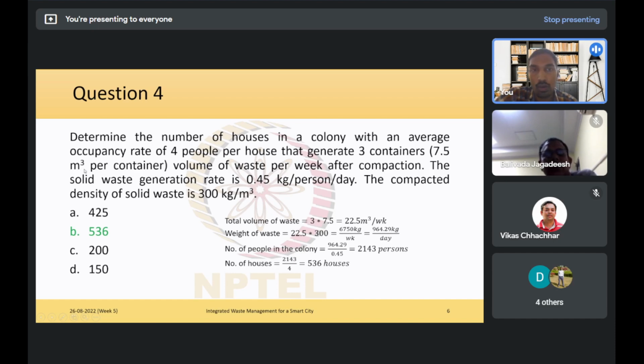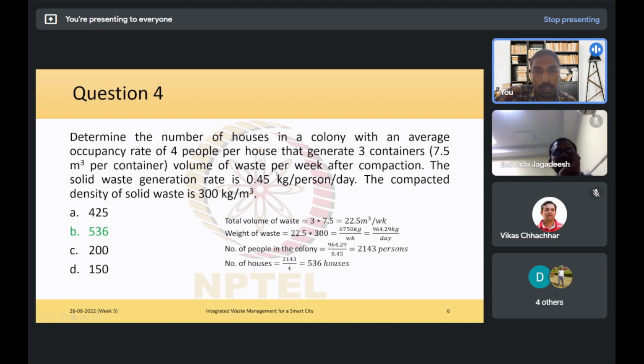The per capita solid waste generation rate is 0.45 kilogram per person per day, and the compacted density is 300 kilogram per cubic meter. So the question is we need to find out how many households are there in this colony.